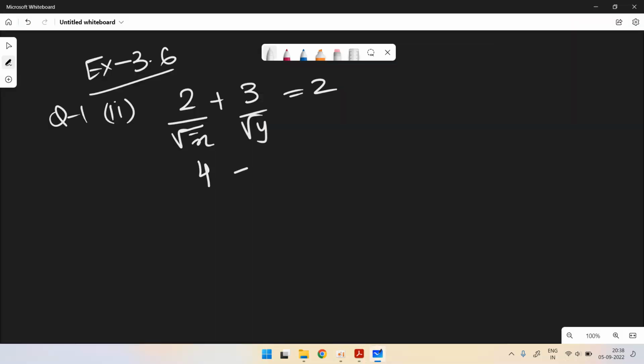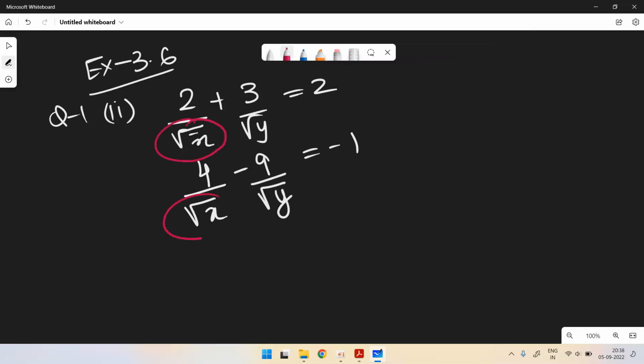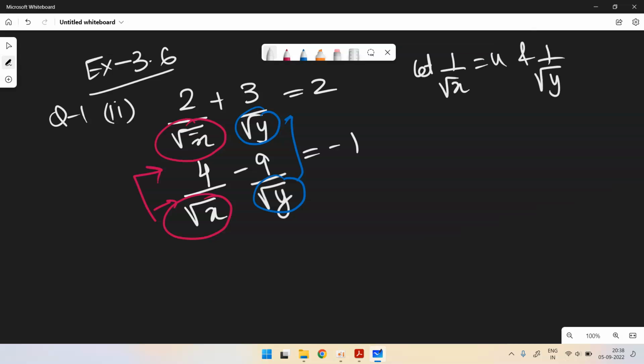So here you can see that there is 1 by under root x common in both, and 1 by under root y common in both, so you can easily infer that you need to take 1 by under root x equal to u and 1 by under root y equal to v.